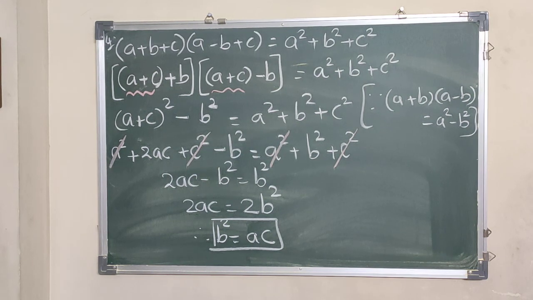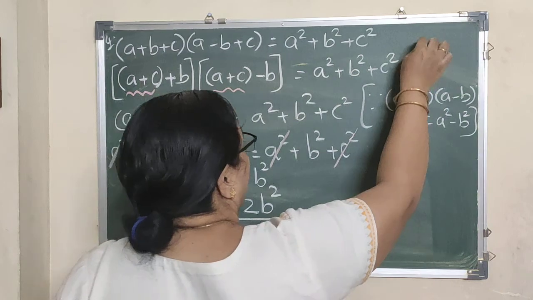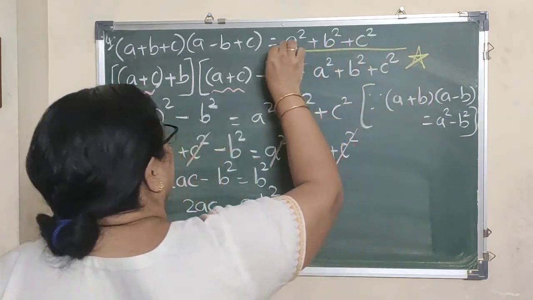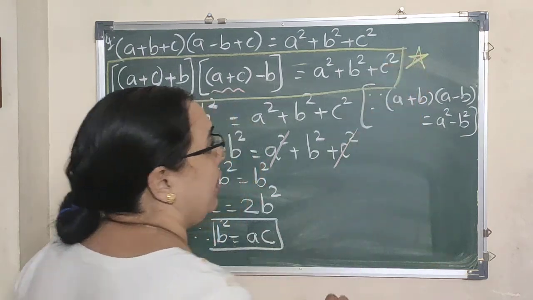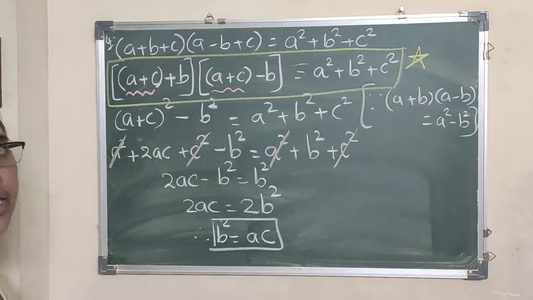So children, this is the key step. Can you make a note of it? This has made your sum easier for you to get the answer in very less number of steps. So always keep in mind the key steps so that you don't forget it, and then you can attempt the sum in that order.